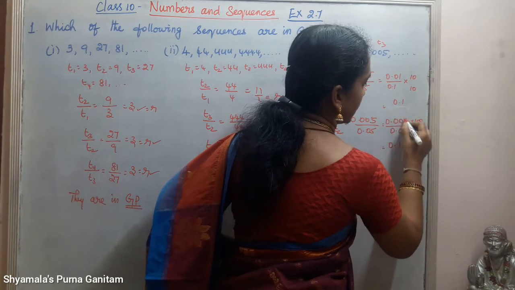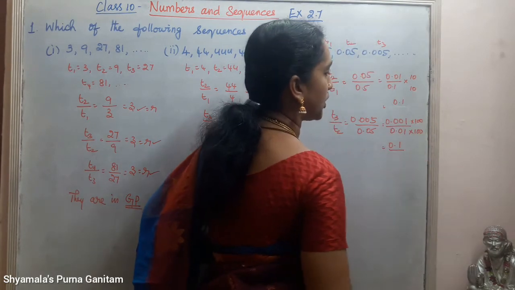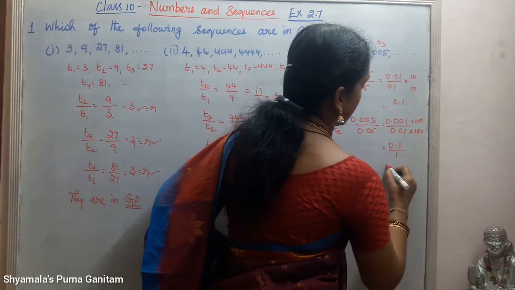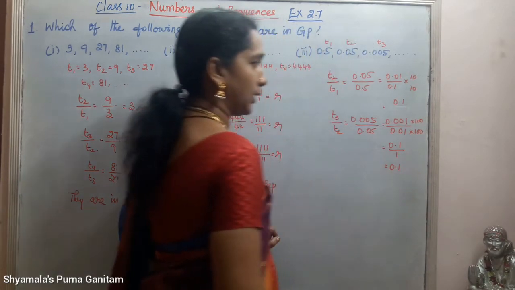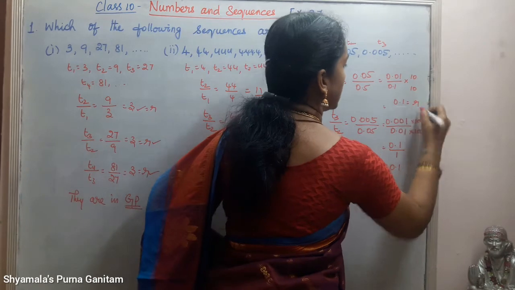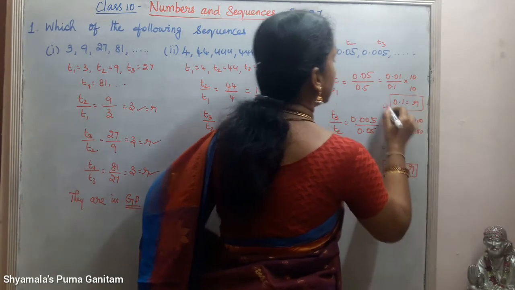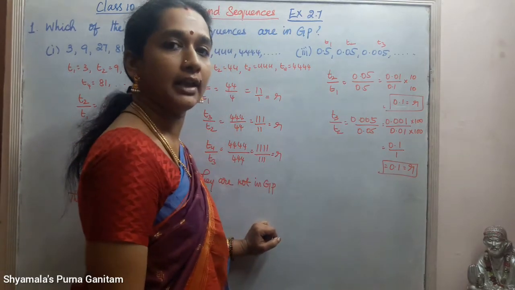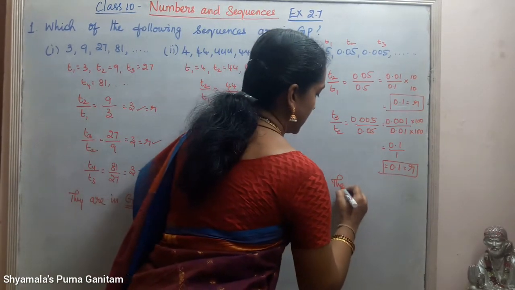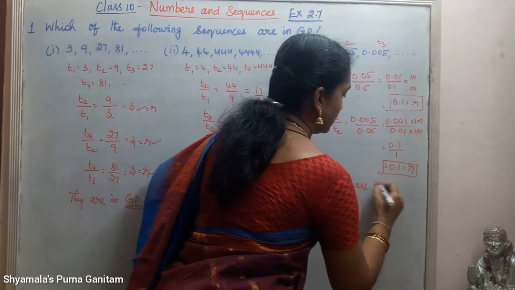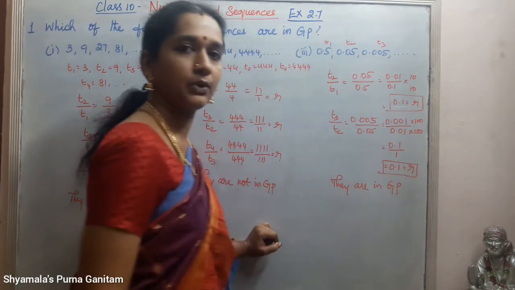When I multiply by 100, 2 decimal places it will move. 0.1 by 1. So I will get the ratio as 0.1. So here this is the ratio and this one is the ratio. So ratios are same when we are comparing two terms. So they are in GP. Okay.